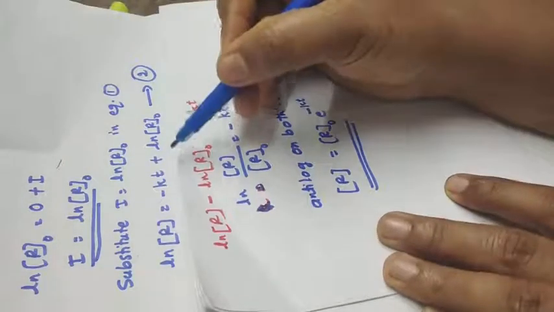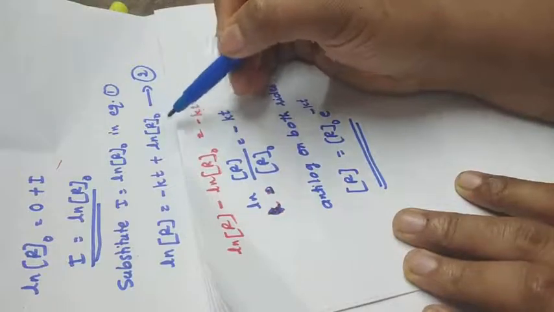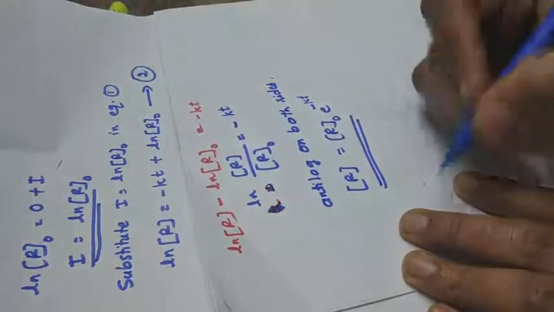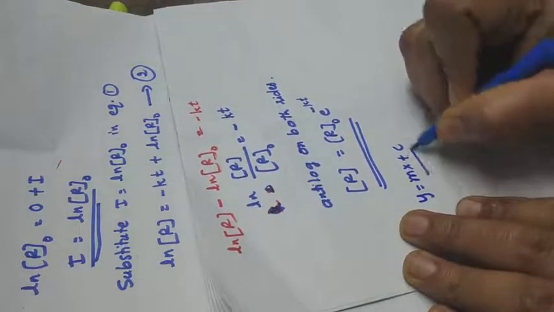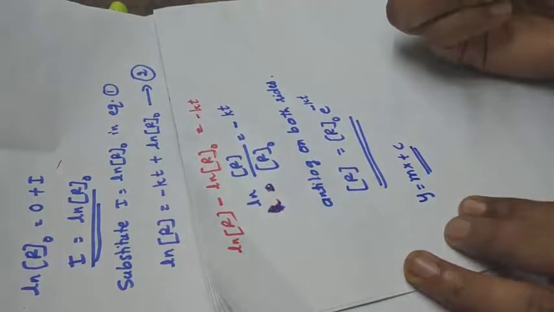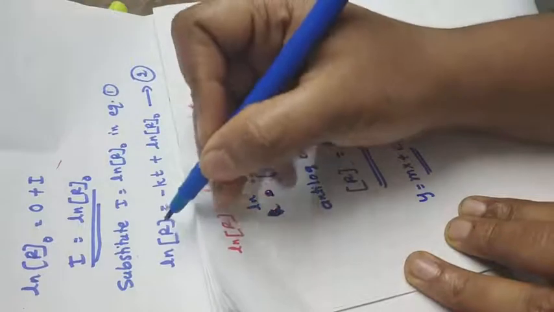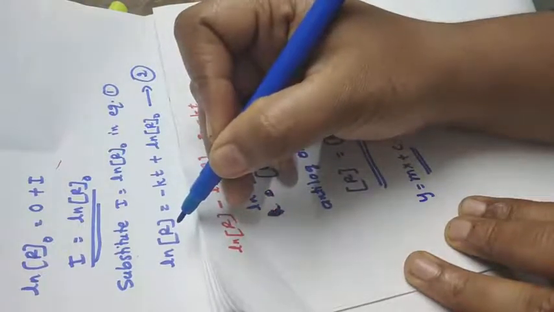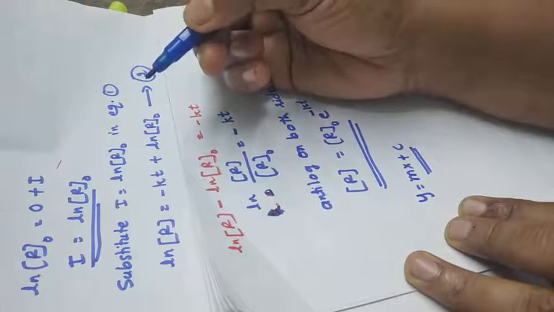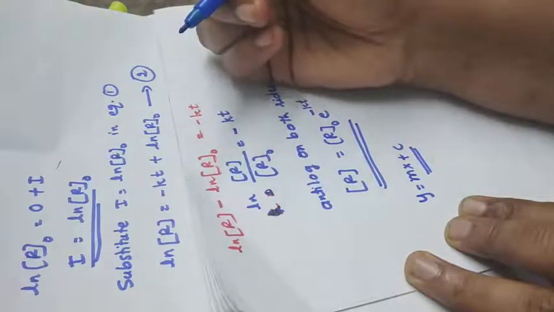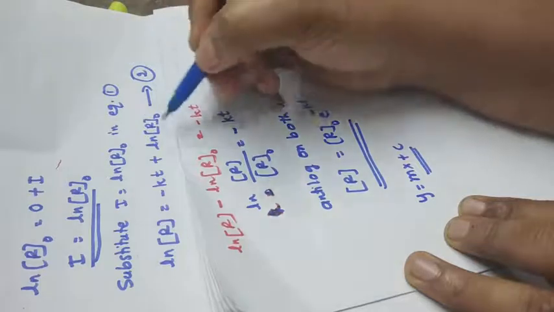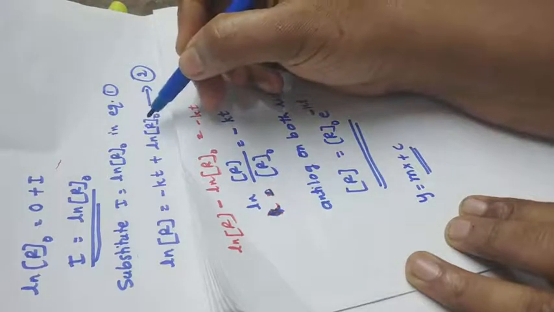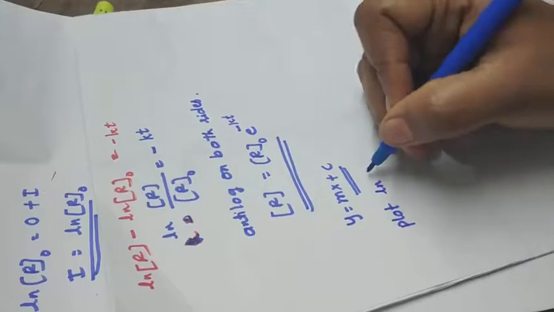Again, we can compare this equation 2 with the equation of a straight line, that is y equal to mx plus c. If we plot ln r against time, we get a straight line with a slope of minus k and intercept equal to ln r naught.